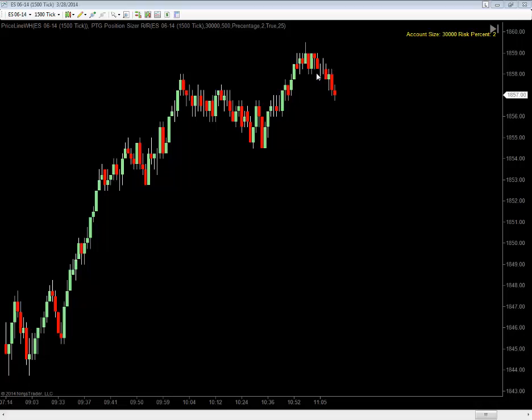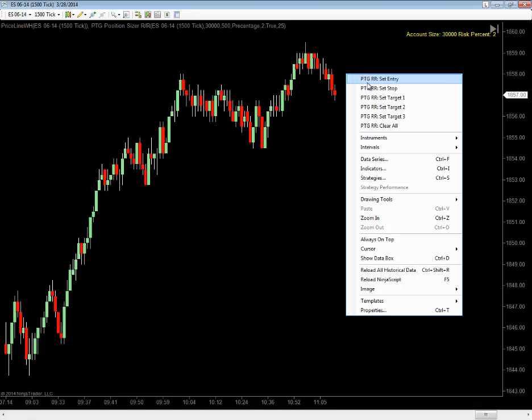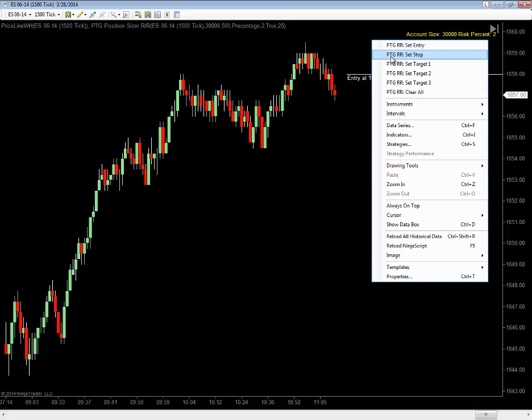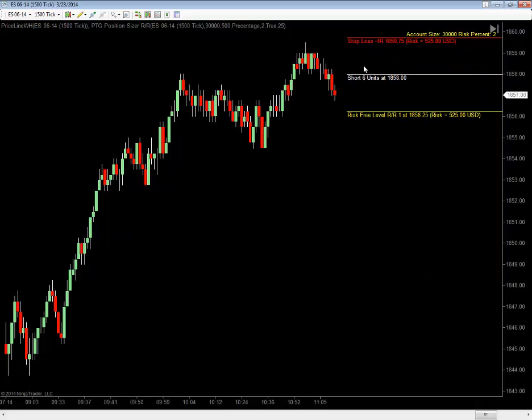Let's say in our example we wanted to short 1858. What you would do is simply right click, and the menu comes up and you say set entry at 1858. Now we want to place a stop order at or slightly above the high, so we'll put the stop order at about 59 3/4.